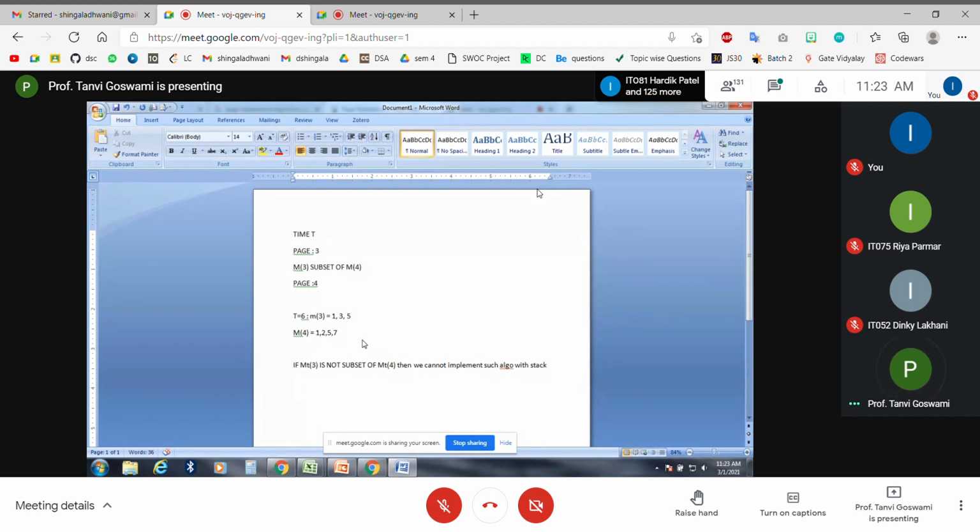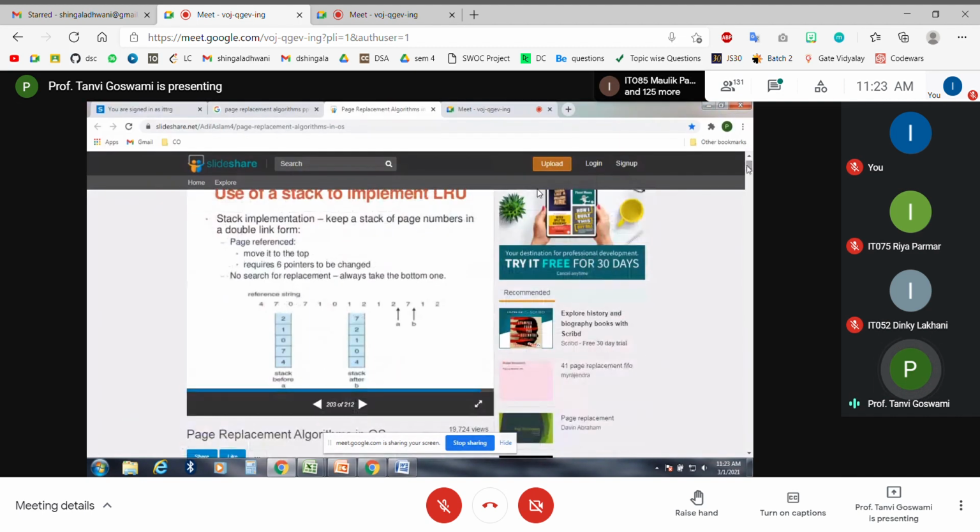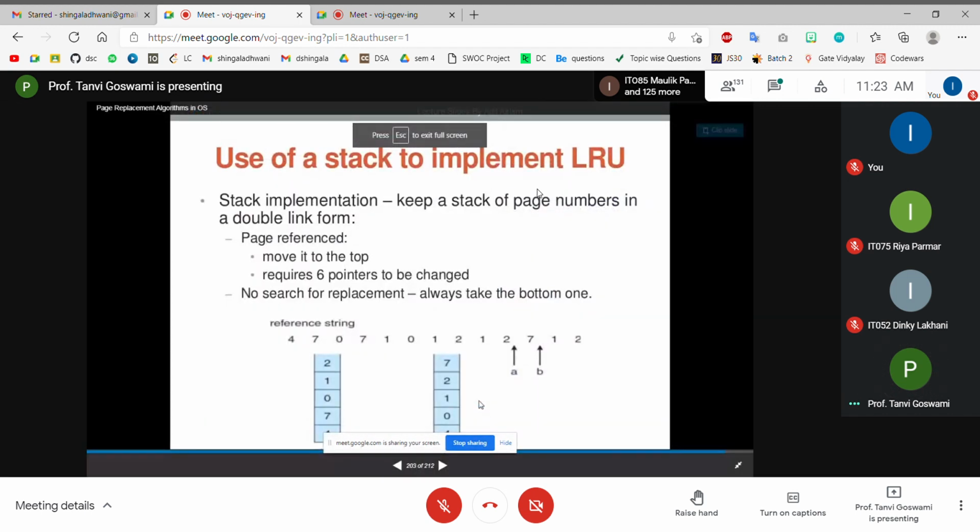We need to check whether we can implement FIFO with a stack, whether we can implement optimal with a stack, and whether we can implement LRU with a stack. Here the implementation using stack memory is given in the case of LRU.